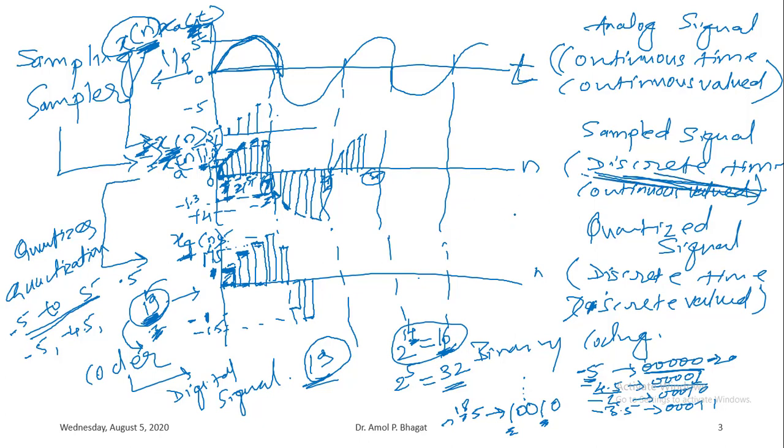So we will only be considering this x of n, that is the sampled version of the analog signal, for digital signal processing. Everywhere you will find the word discrete time signal throughout the digital signal processing subject. You are referring to x of n when you call it a discrete time signal. It is not the actual digital signal.